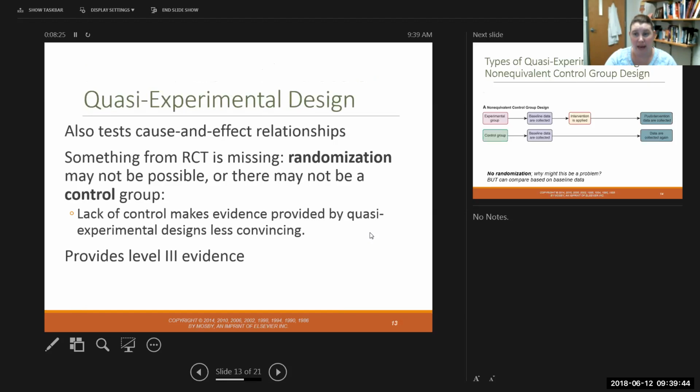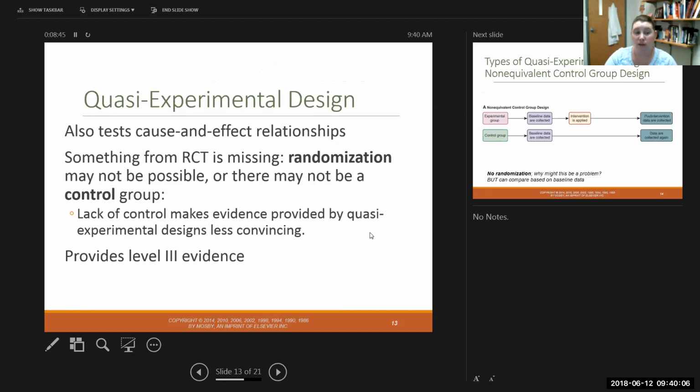So, given that, sometimes the best thing that a researcher can do is to do what is called a quasi-experimental design, which also tests cause and effect, but something from the randomized clinical trial is missing. So perhaps you're not able to randomize your group, or perhaps there's not a control group.